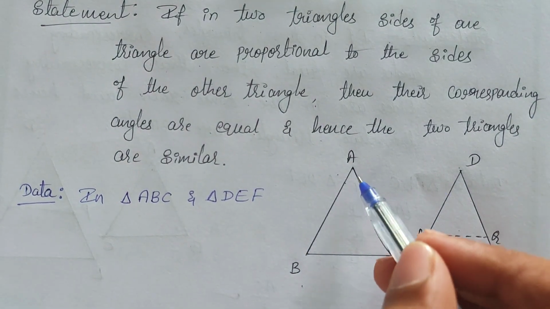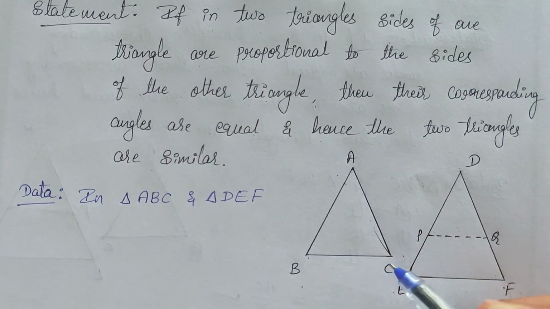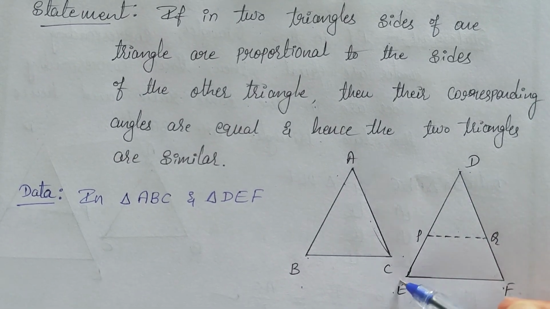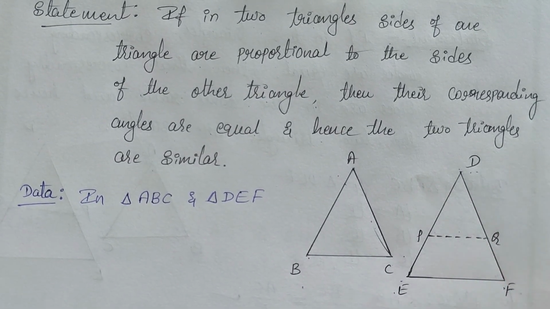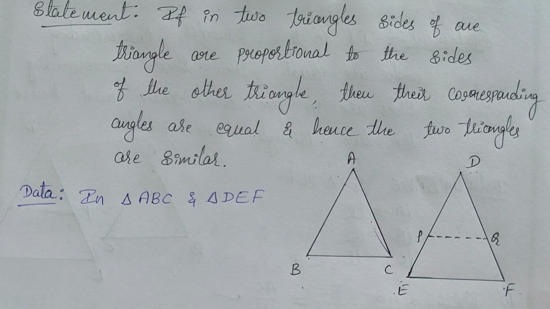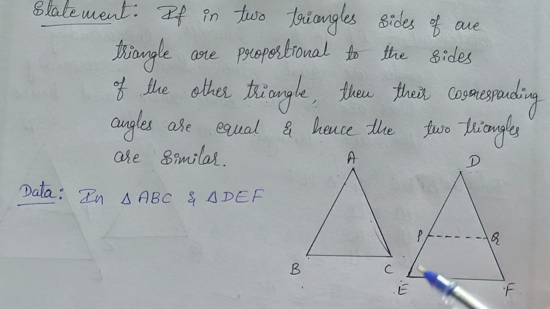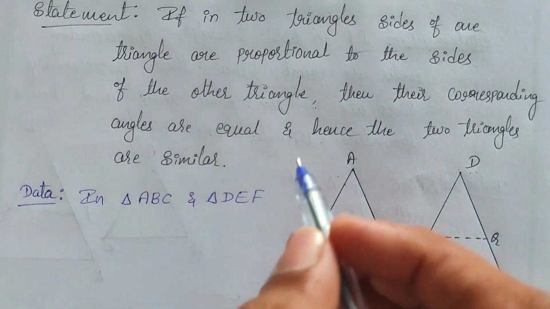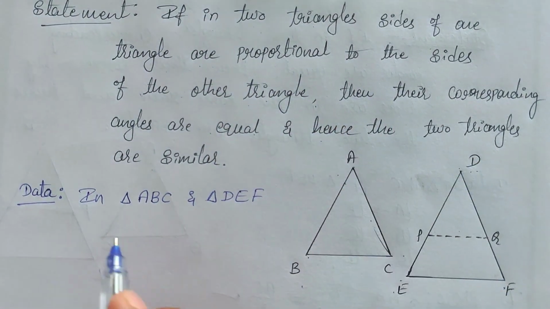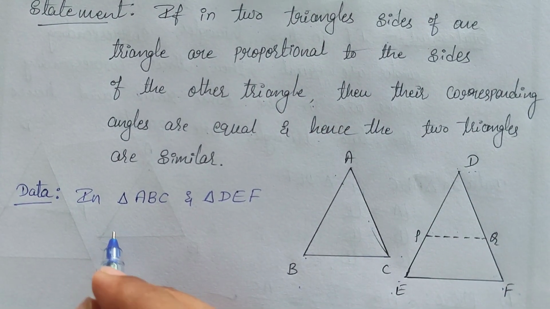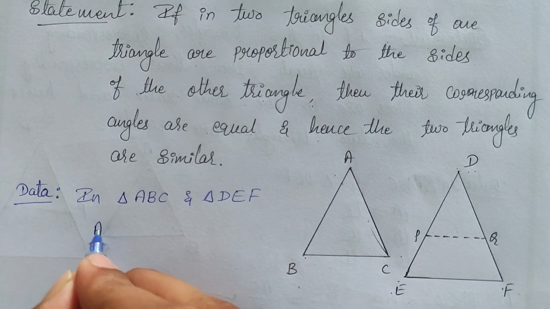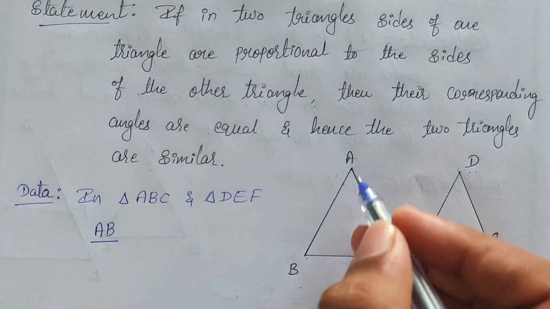Sides of one triangle means AB, BC and AC are the sides of triangle ABC, and DE, EF and DF are the corresponding sides of triangle DEF. They are proportional, which means the ratio of those three corresponding sides is the same, that is AB divided by DE.